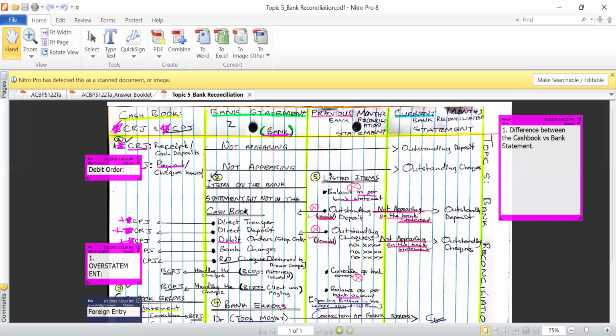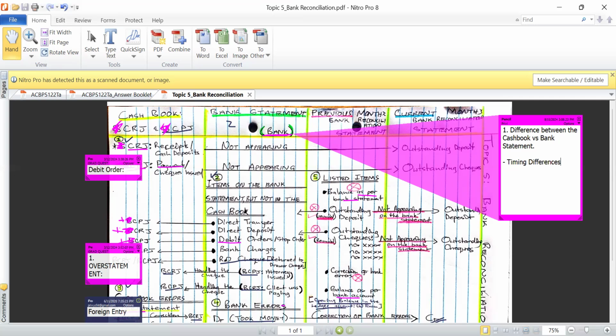Well, it's simple. It could be because of timing differences. Are we together? What do I mean by timing difference? Let's say you're doing your bank reconciliation on the last day of the month of August, the 31st of August, and you receive a payment in your bank account from a client, and it's not an immediate payment.